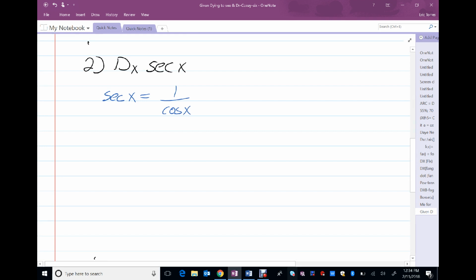And then again, I'm going to use the quotient rule to take the derivative of the secant of x, which will equal the derivative of the top, which is 0, times the bottom, minus the top times the derivative of the bottom, which, the derivative of cosine is negative sine of x, all over the bottom squared.